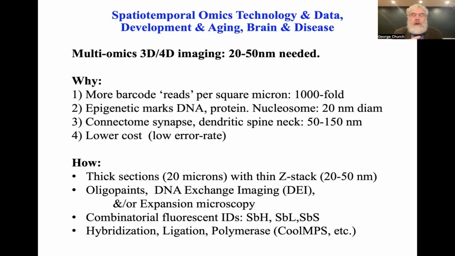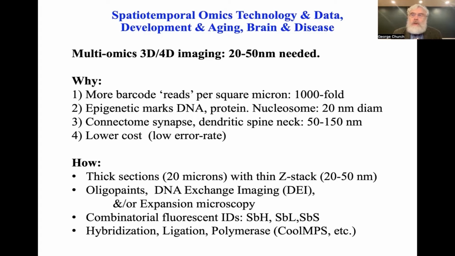For brain connectome, synapses, dendritic spines, disambiguation of adjacent synapses is 50 to 150 nanometers. We think this dense data configuration results in lower cost, including and partly mediated by lower error rate.